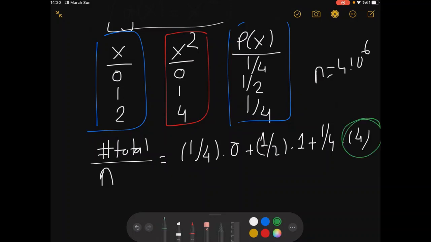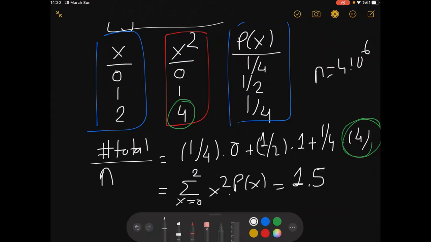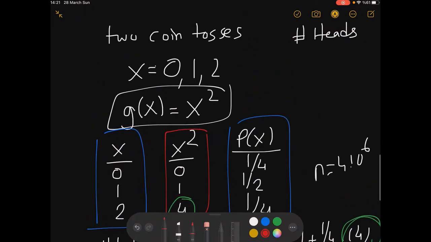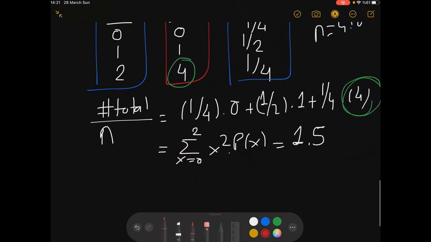This is the only part different here because it's coming from the generated function. The sum is over X from 0 to 2, X squared times the probability of X, and the result will be 1.5. So this is the expected value of the generated function g of X.